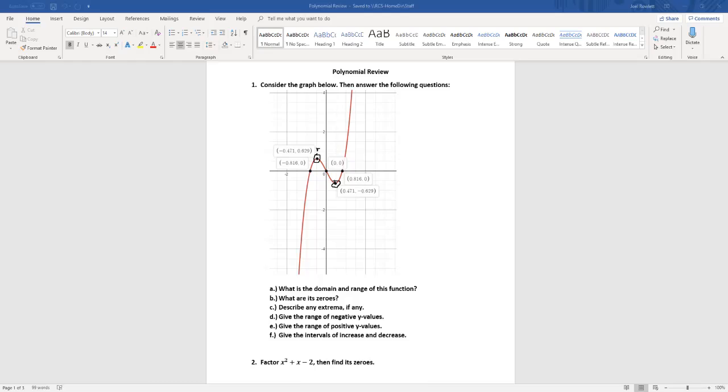So I would just say that this is a max. And again, this is just a relative max. I guess I could put REL here for relative. And then, of course, here I could say I have a relative minimum at the point 0.471, comma, negative 0.629. So here would be a relative minimum.